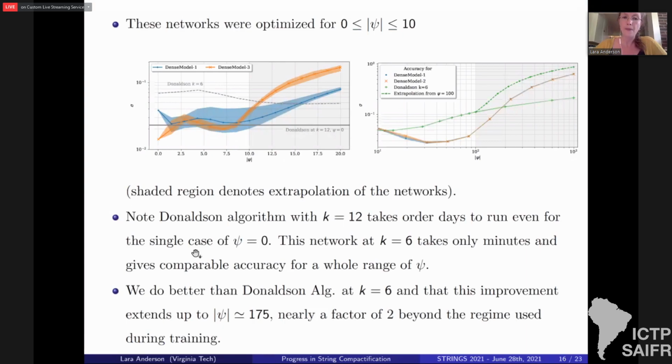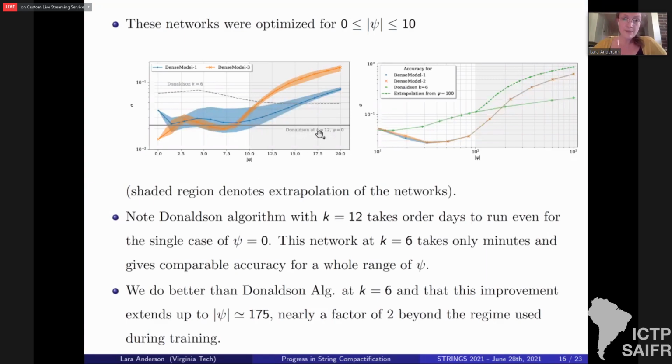And the Donaldson algorithm, I should say, at k equals 12 takes order days or weeks to run, even for the single case of psi equals 0. This network at k equals 6 can take minutes and gives comparable accuracy for a whole range of psi. And we can do better than the Donaldson algorithm at k equals 6. This can be extrapolated. I should say here the shaded ranges are extrapolation in complex structure using these networks.